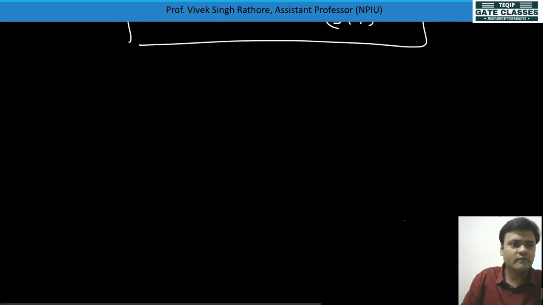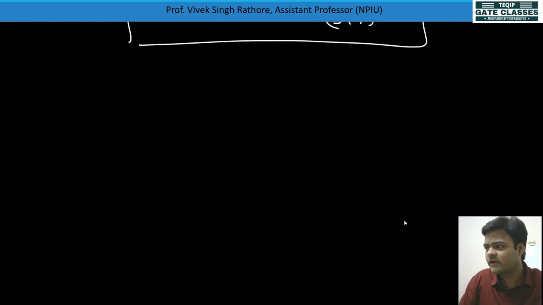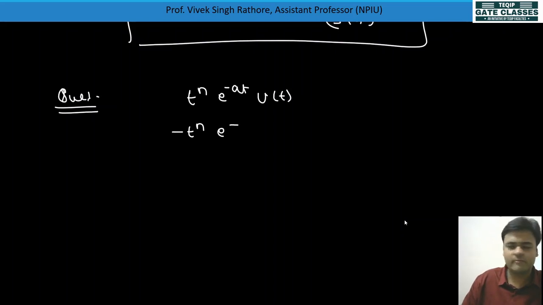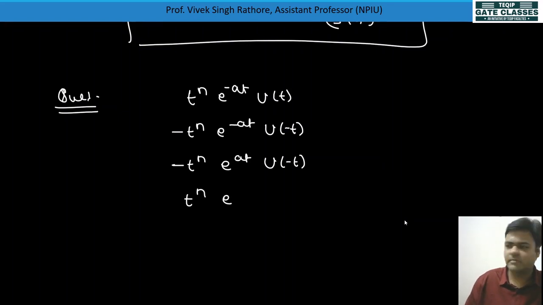See, I'll give you four questions and I'll ask which of the following systems is stable or unstable. You need to answer me. If I ask: t to the power n, e to the power minus at u of t; minus t to the power n, e to the power minus at u of minus t; minus t to the power n, e to the power at u of minus t; and t to the power n, e to the power at u of t.